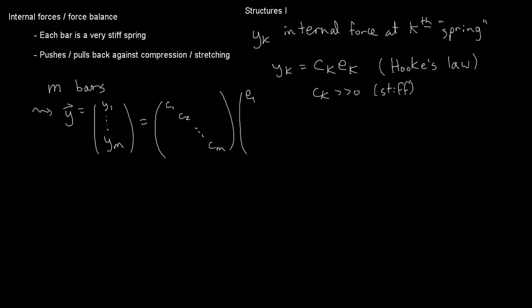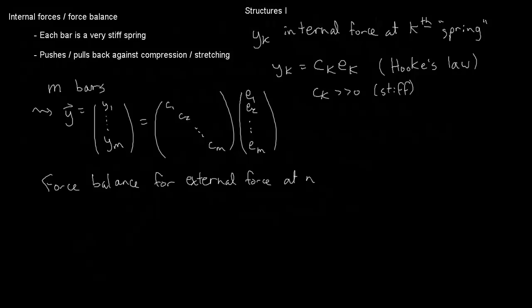So I can stick that in the vector, and it's pretty easy to see. It's the exact same thing we did in the springs and masses video. You can relate the internal force vector to the elongation vector by this diagonal matrix full of the spring constants. So you can name that diagonal matrix C, if you like.